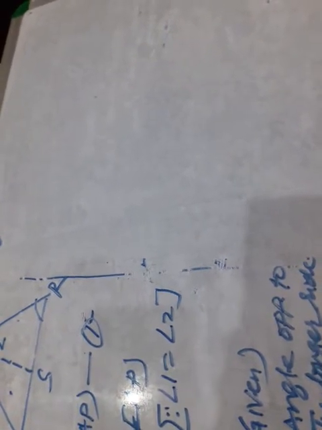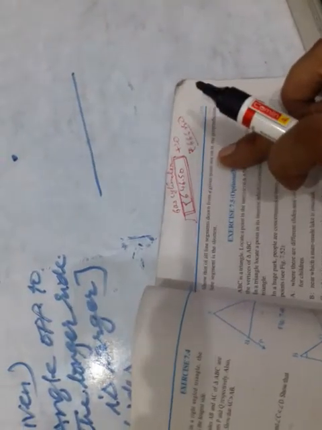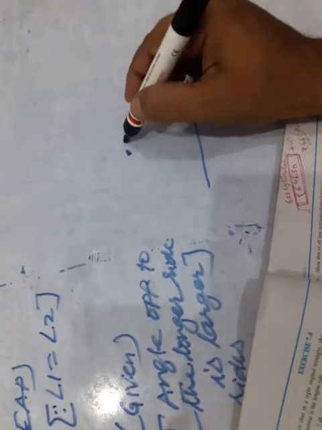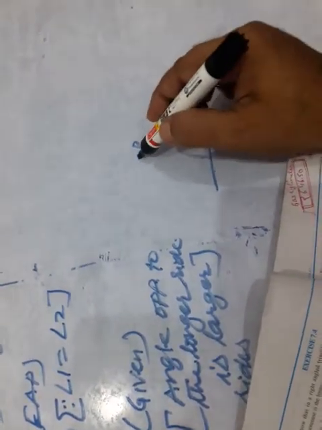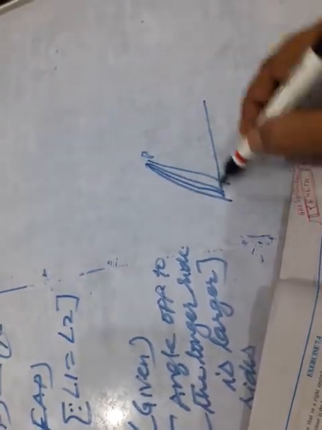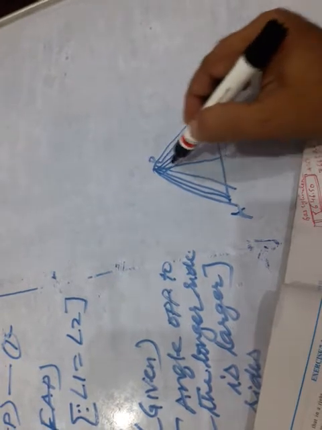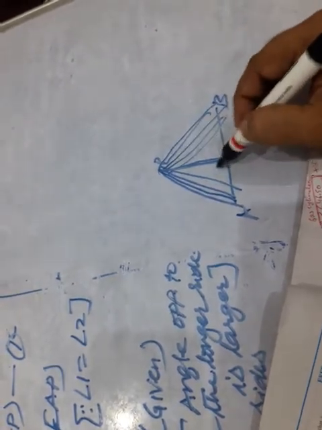If a line is drawn and a point is not on it, then of all line segments drawn from the given point, the perpendicular line segment is the shortest. See, let this be point P. Draw all the possible lines from P to line AB. They will reach here, here, here, and one line will be like this. But one line will be the perpendicular line.